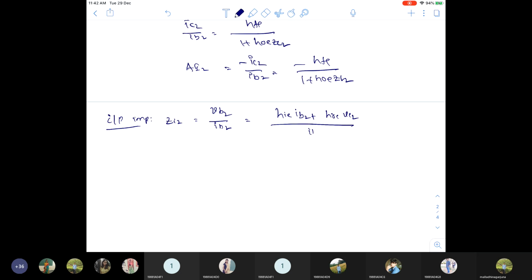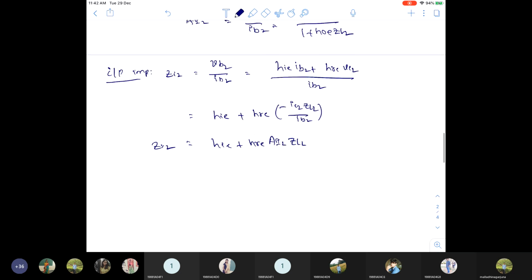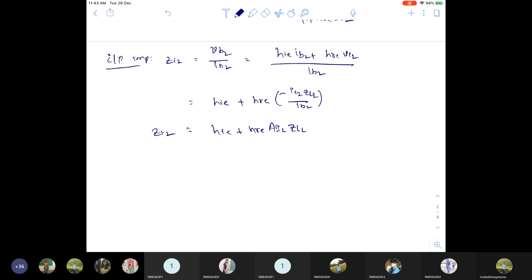So you separate: HIE, IB2 and IB2 cancel, plus HRE VC2 by IB2, which I can write as minus IC2 ZL2 by IB2. So this is HIE plus HRE into AI2 into ZL2, the same derivations as for the CE amplifiers. You can go with that.